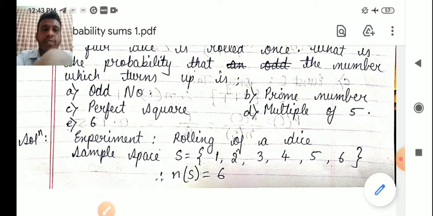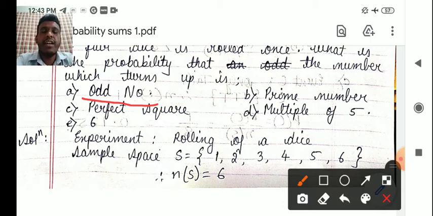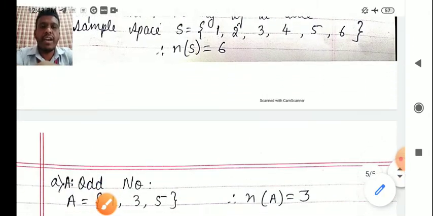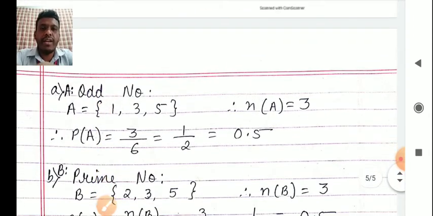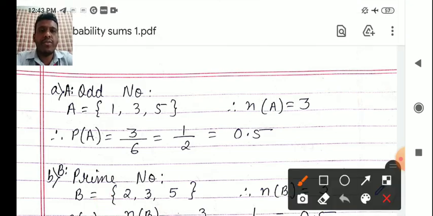Now let's move experiment wise. The first event that we are interested in is, it is an odd number. So let's write it. Event A, it is an odd number. So it is similar to the one example that we have done previously, that is an even number we have taken.